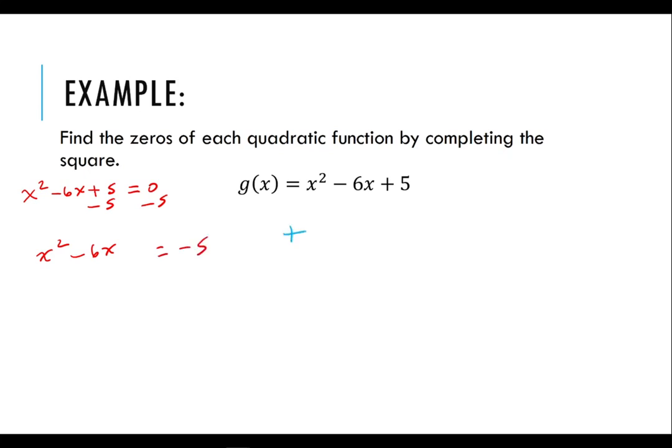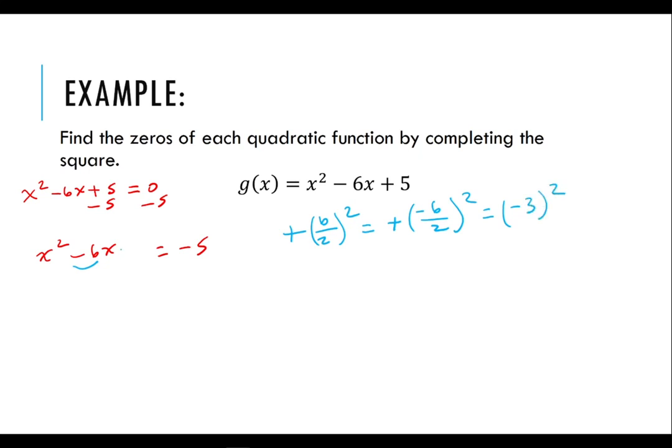So now we need to add b over 2 squared to both sides. But for our purposes, b is negative 6. So this is going to be plus negative 6 over 2 quantity squared. Now I'm going to go ahead and simplify that because that's really negative 3 squared. And so that's fine.